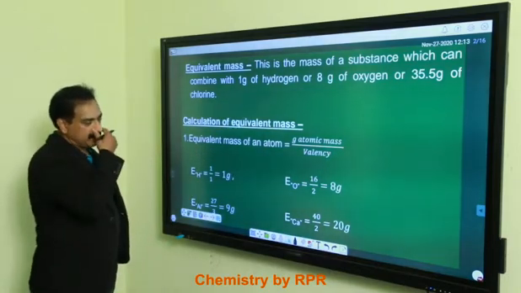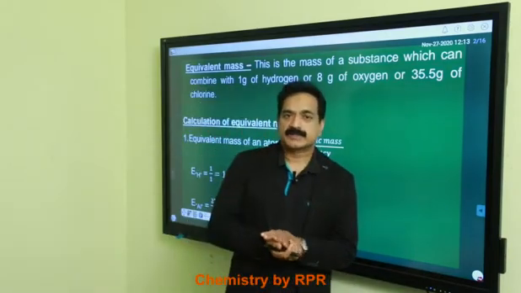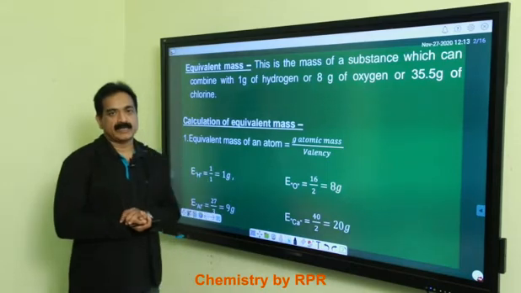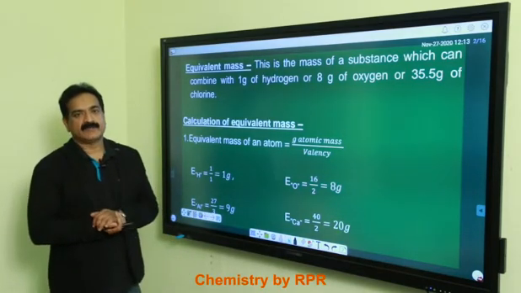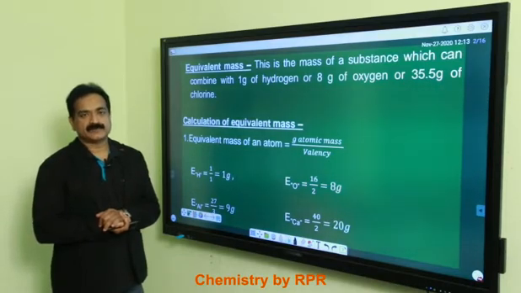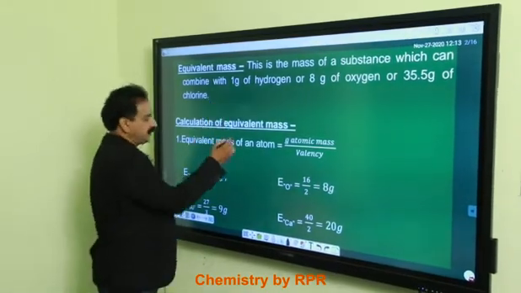The bookish definition is: the mass of a substance which can combine with either 35.5 grams of Cl, or 8 grams of oxygen, or 1 gram of hydrogen.